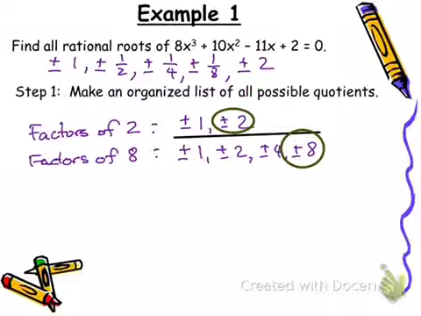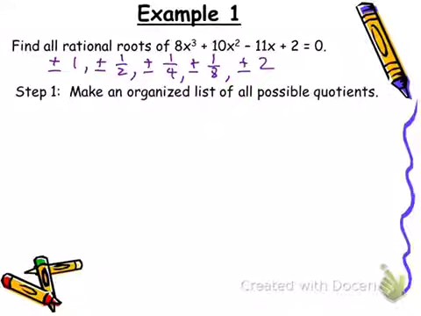So I don't really even need to list those again because I've already got them up there. Okay, so what have I created here? These are the list of all possible zeros or roots.